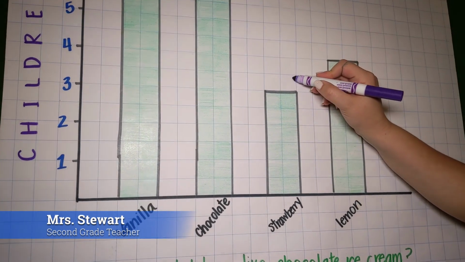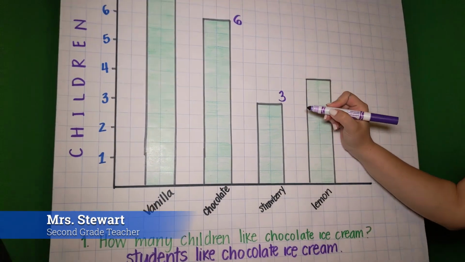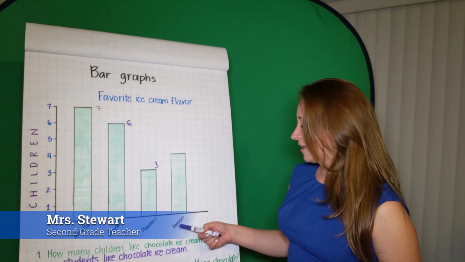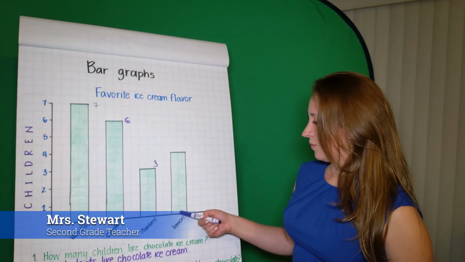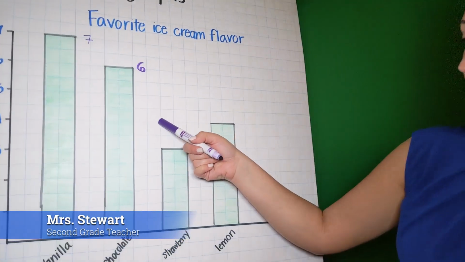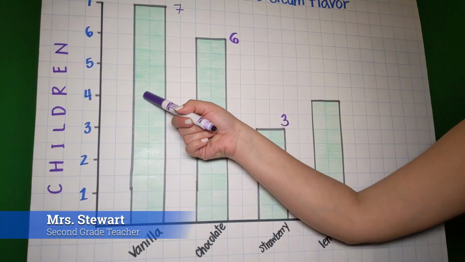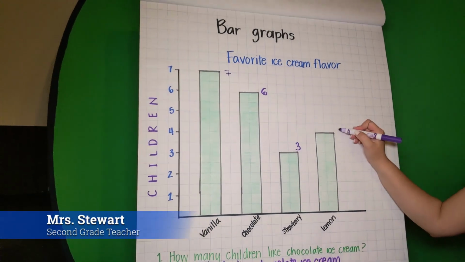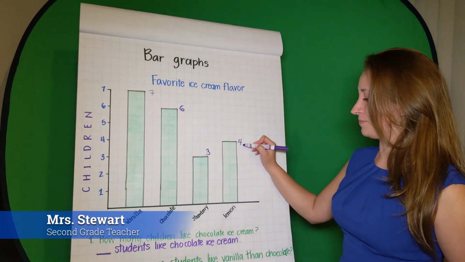So I'm going to write 3 right here. Let's check lemon. We're going to go up to here and then we're going to see what number it goes up to. 4. So I'm going to write the number 4 right here.